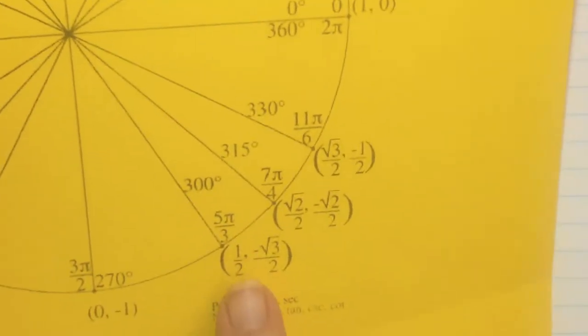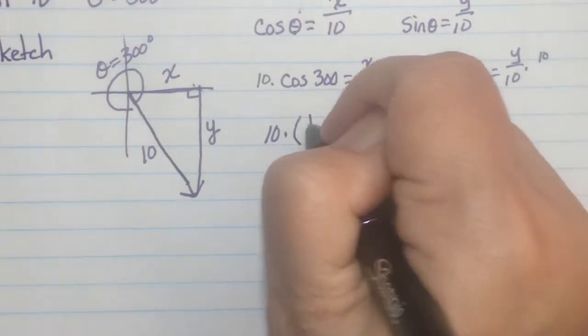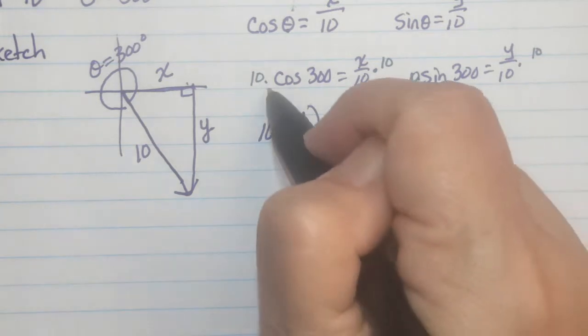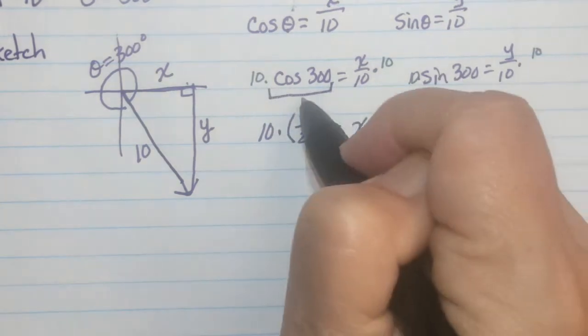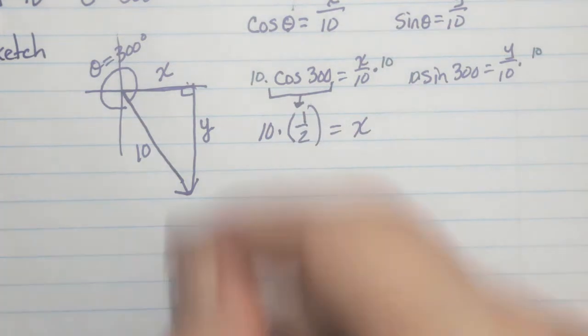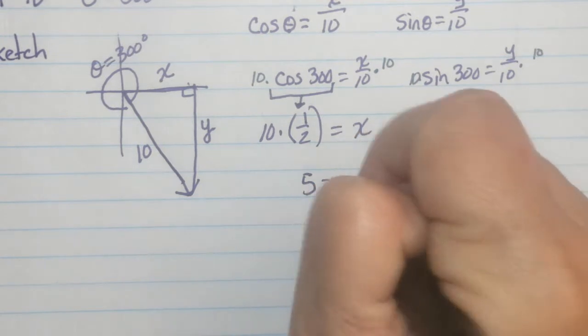Cosine is 1/2. So the cosine of 300 is 1/2 from my unit circle. 10 times 1/2 is 5.